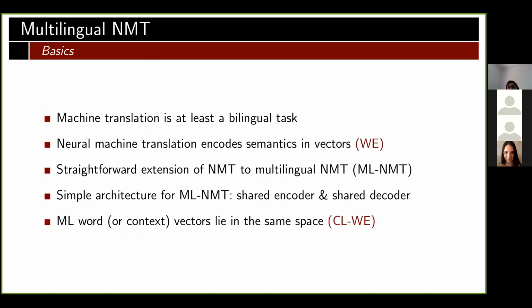So, some things that we already know. Machine translation is in some way multilingual by nature. At least it's a bilingual task: you have a source language and a target language. Another thing that we already know is that machine translation includes the semantics in vectors.